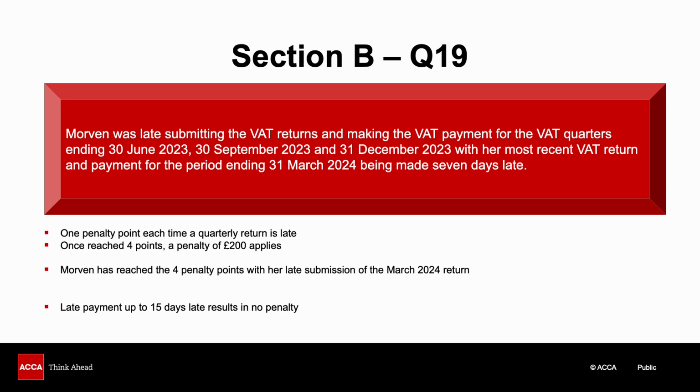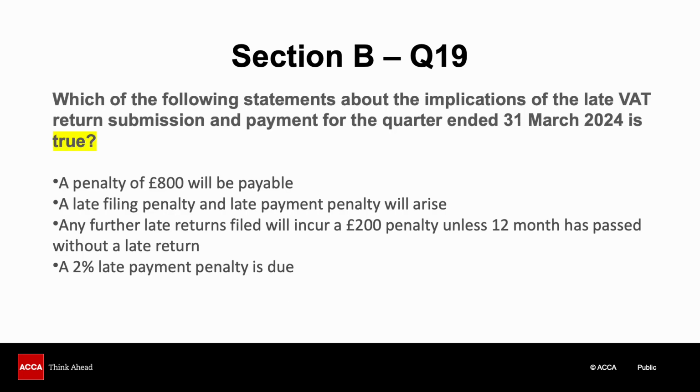So in terms of our answers then, we can rule out quite quickly that penalty of £800 because we're actually only getting a penalty because that 4th return is late. We can rule out the late filing penalty and late payment penalty arising because we've realised that there won't actually be a late payment penalty because she's within the 15-day window.